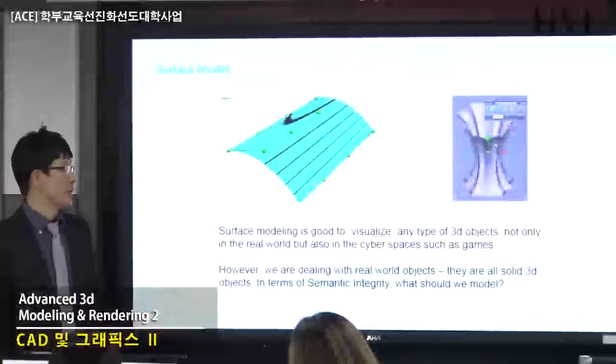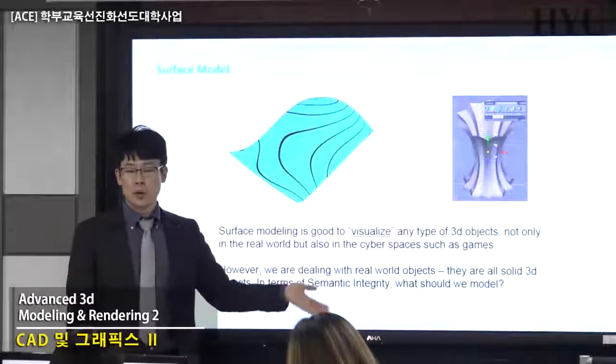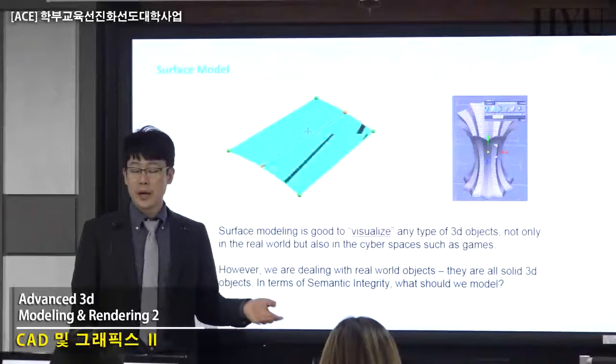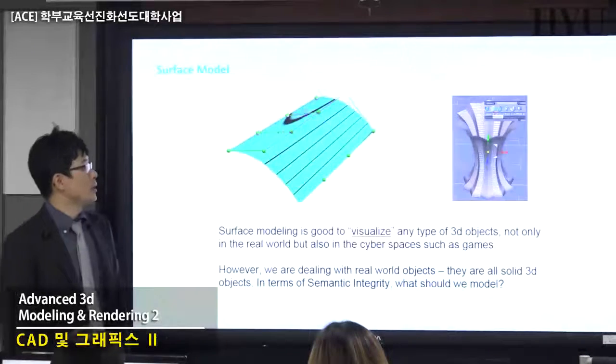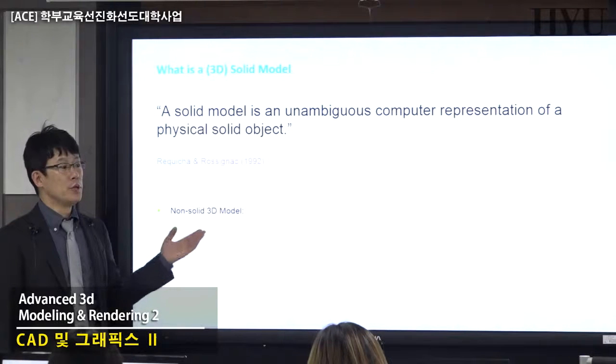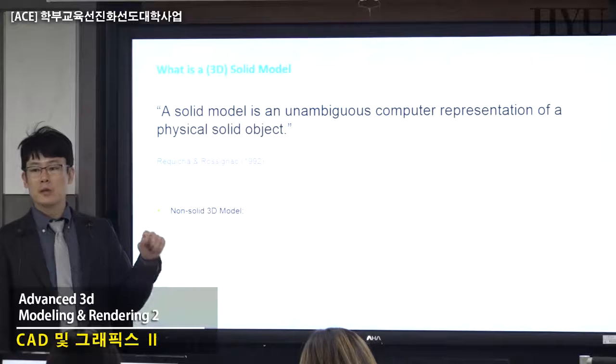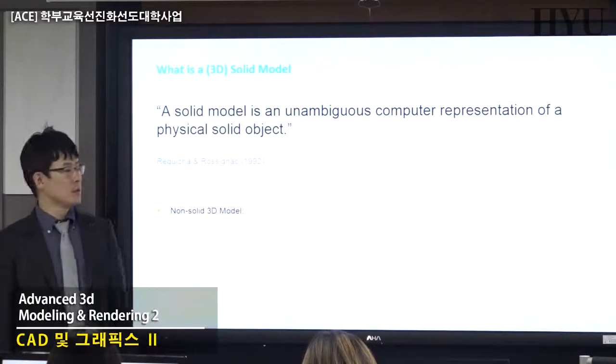They are all building elements, design components, not surfaces, points, lines, patterns, okay? Anyway, that's why we need to deal with solid models, which have thickness, something solid filling the inside.